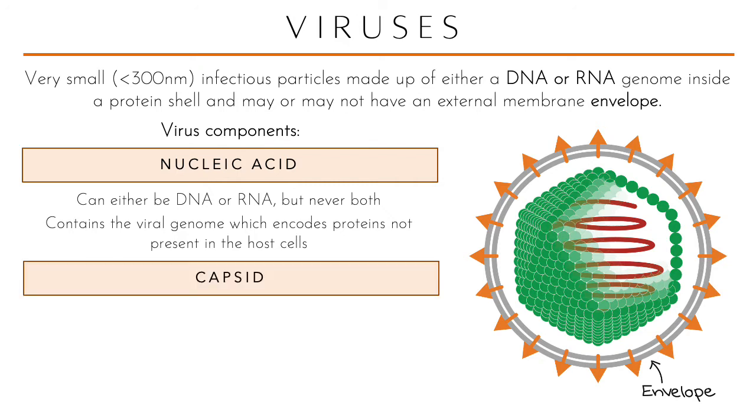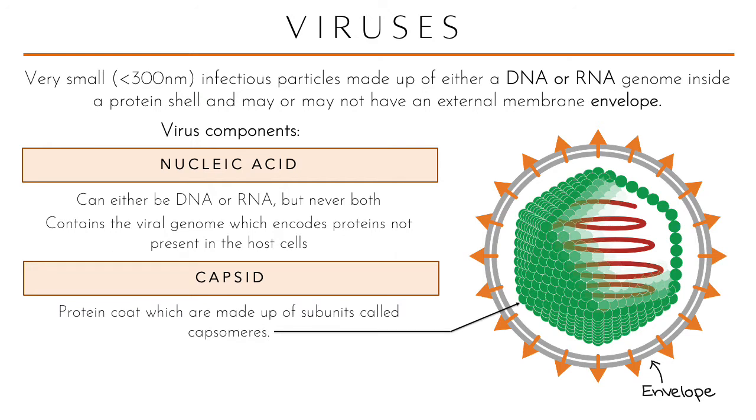The capsid, or what we call the protein coat or shell, is made up of subunits called capsomeres, right? So in this image, the green structure would be the entire capsid, and each circle there is a capsomere.